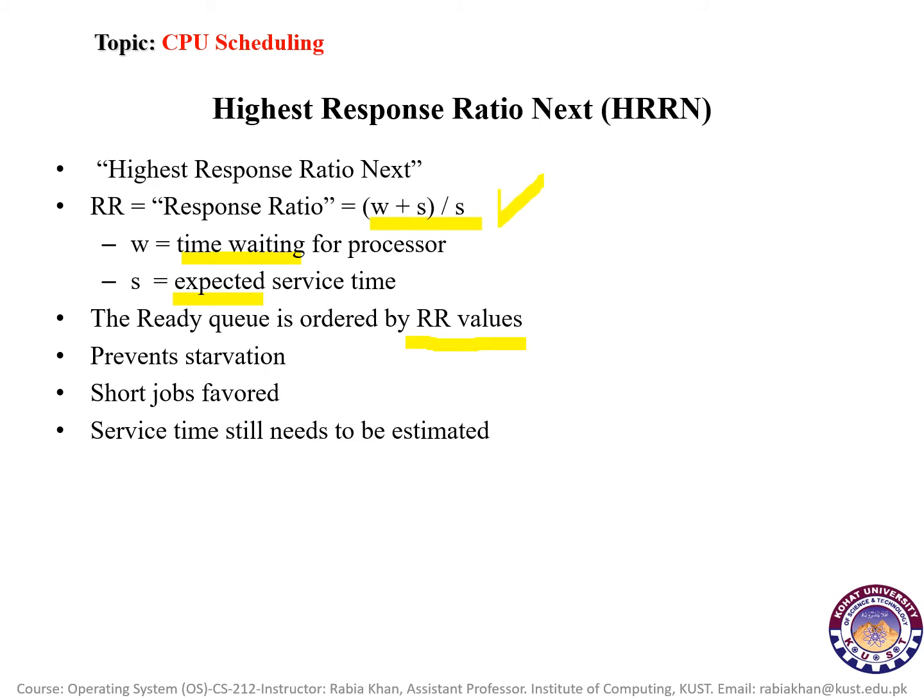This formula is calculated for every process, and then the ready queue is organized on the basis of this response ratio value. The smaller the response ratio is, the higher the priority of that particular process will be.